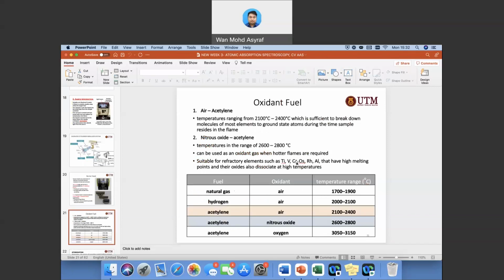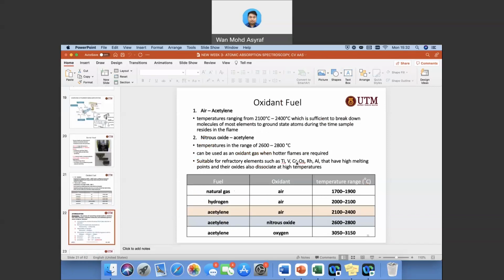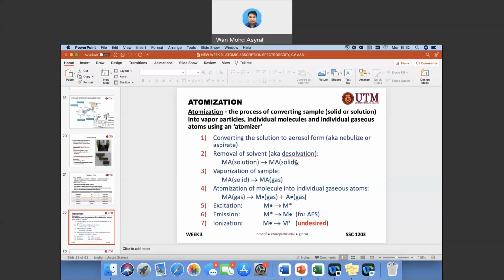You can read this on your own in terms of the combinations of air, acetylene, and nitrous oxide, acetylene. All right, so the atomization process, all of which is going to happen inside your sample introduction part, from the aspirator towards the atomization at the burner head.